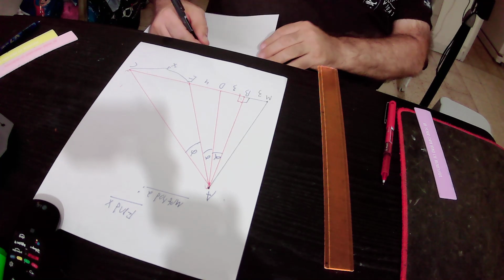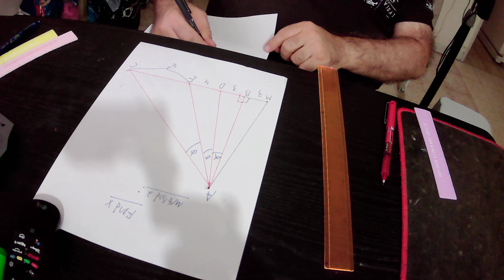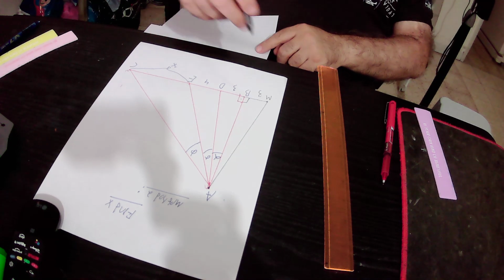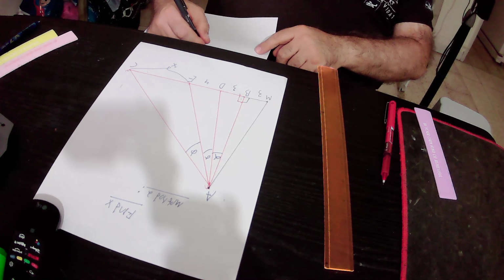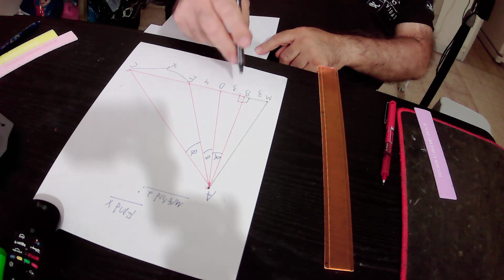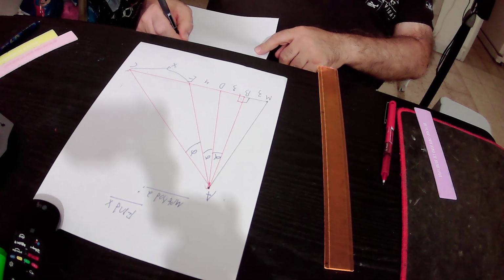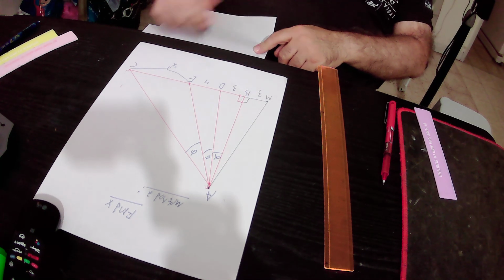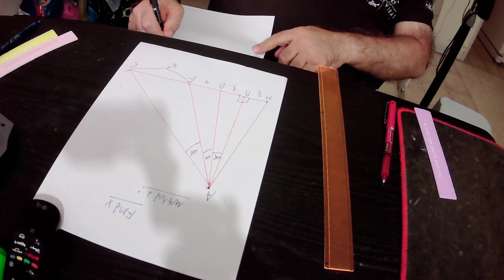Angle ABM equals angle ABD, and both those two angles are right angles.